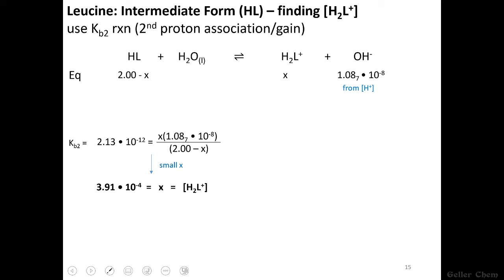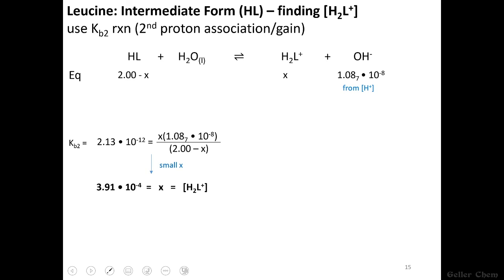And then a similar situation will emerge. We set up the K expression, we find Kb2 from the prior slides, we plug these numbers in appropriately into the other side of the equation, we do a small x and solve, and we get the exact same number that we got for the L minus concentration on the prior slide.